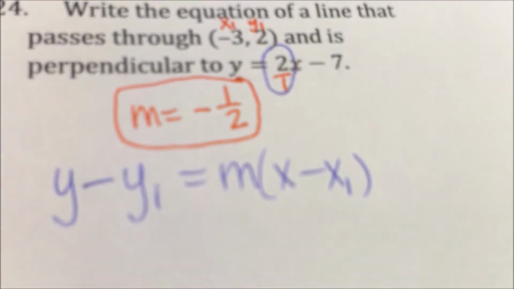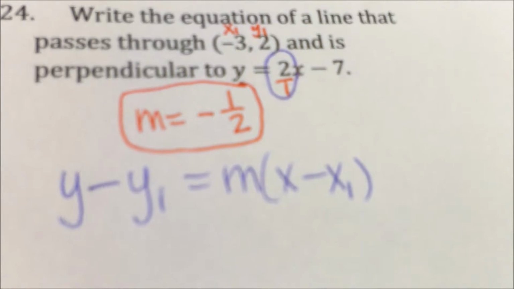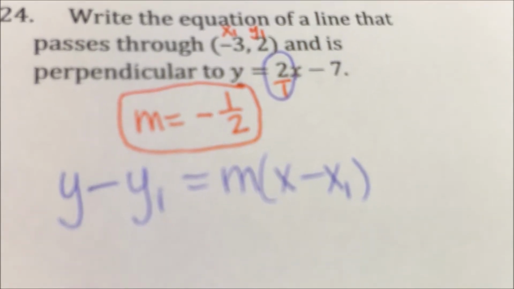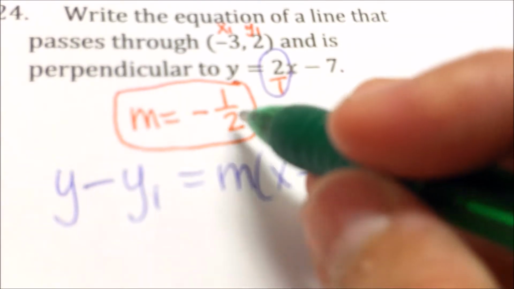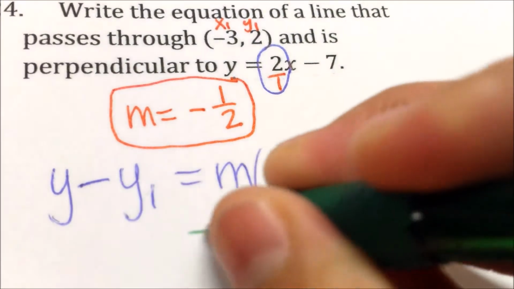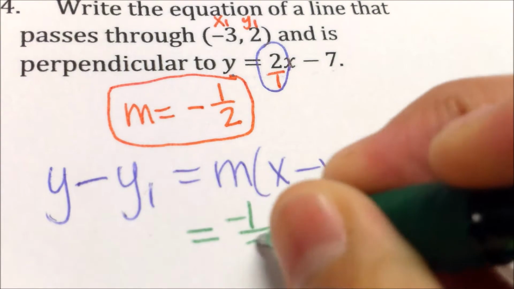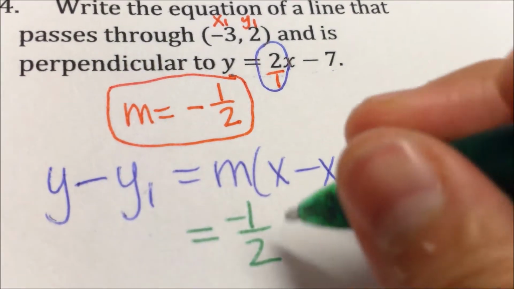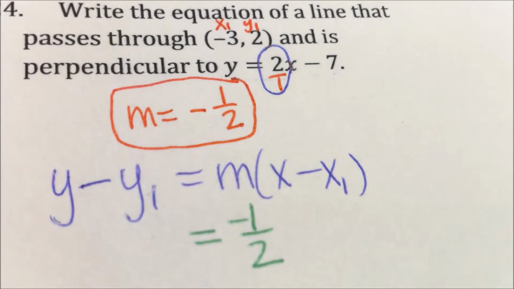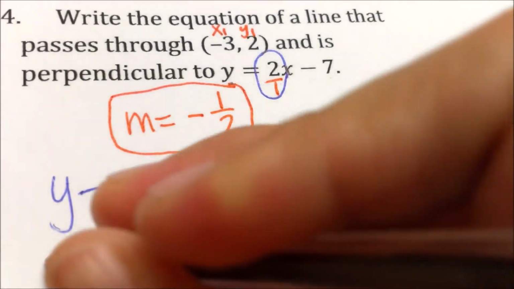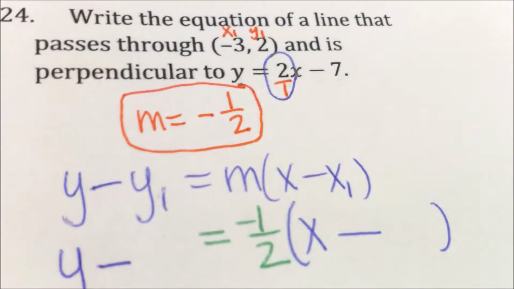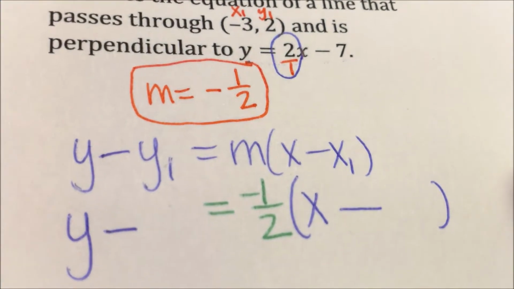Alright, so we're going to go ahead and plug in the numbers. It's a little blurry. It'll focus in a little bit. So m is -1/2, which will go here, because we're using the perpendicular slope, because that's what we're looking for. We're looking for a line that's perpendicular to that other line.